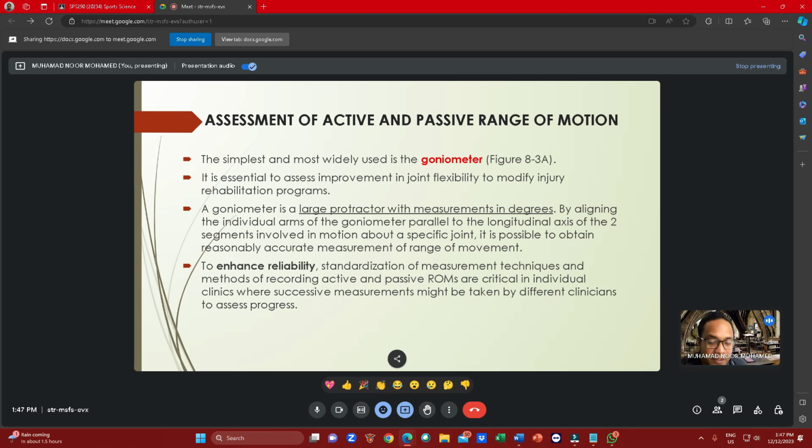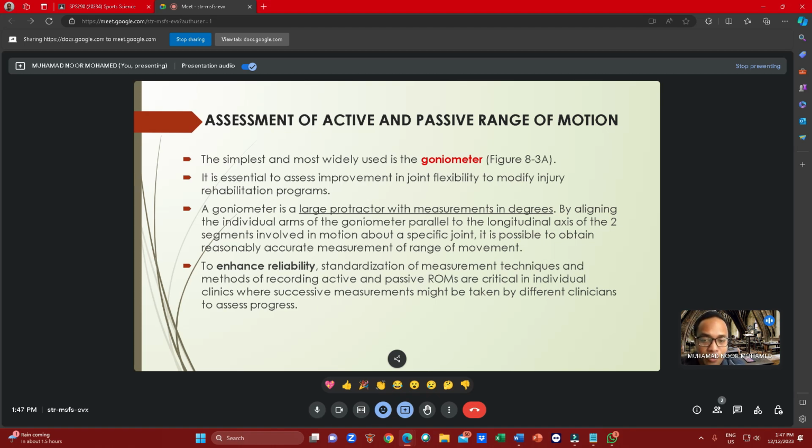It can also be an electronic goniometer, which uses sensors and software to determine flexibility of a joint. It is essential to assess improvement in joint flexibility to modify the injury rehabilitation program. When we detect some improvement in our patient, we can actually enhance the flexibility program.